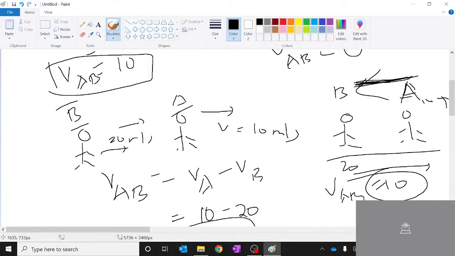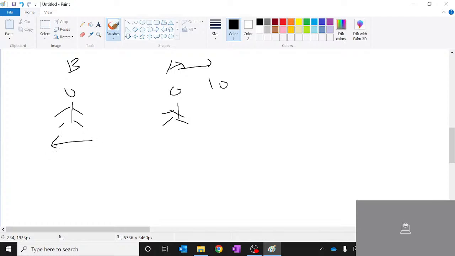Now similarly, the other scenario is, let's say I am B, and he is A. He is traveling this side with 10. I am traveling on the opposite side, 20 meters per second.